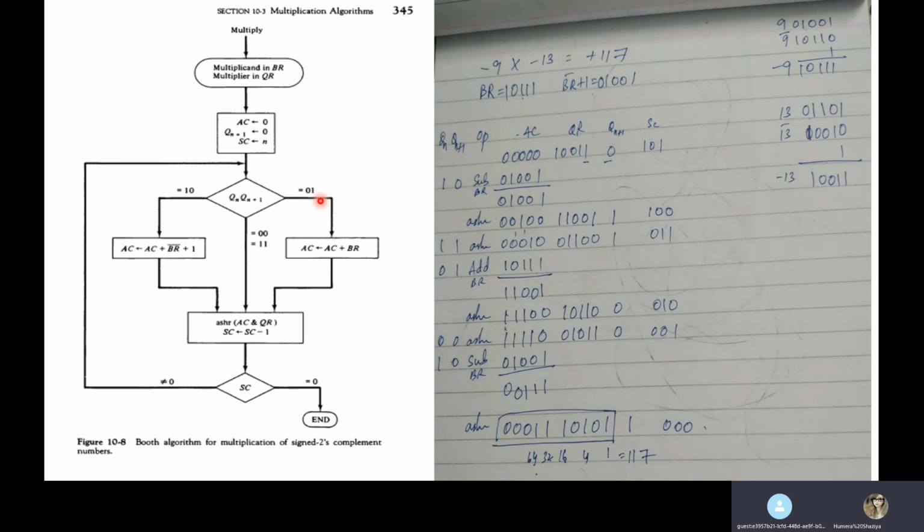When the values are 0 0 or 1 1, you have to perform arithmetic shift right operation on AC and QR and decrement the sequence counter.